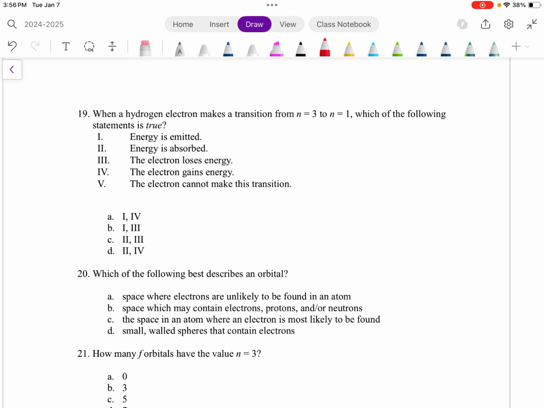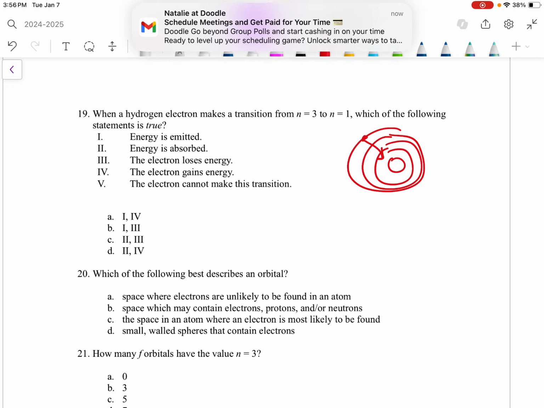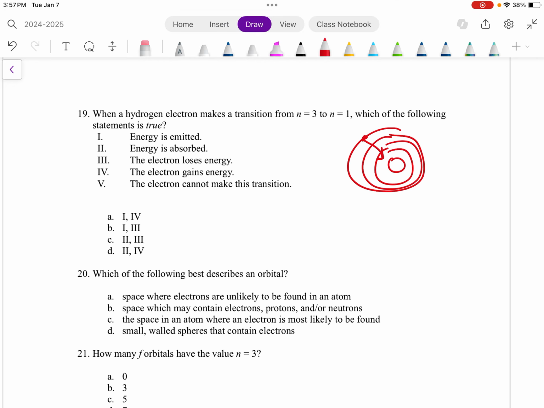So for this one, when a hydrogen makes a transition from 3 to 1, which statement is true? That's like when we have the energy levels, and the electron's out here and it drops to here. If it goes from 3 to 1, which is true? Energy is lost, and so energy is going to be emitted.